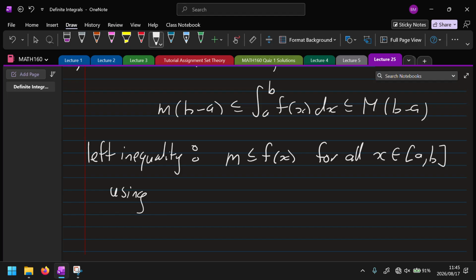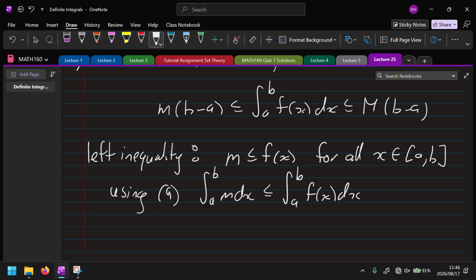So using property 9 that we proved above, we have that the integral from a to b of m dx is less than or equal to the integral from a to b of f of x dx. Here, the function g that we had before is now just this constant m.